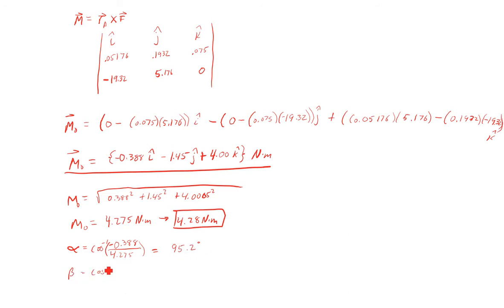Now I just replace my I component with the J component, so negative 1.45 over 4.275. So that is 110 degrees. And gamma, cosine to the negative 1 of 4.0 over 4.275 equals 20.7 degrees.